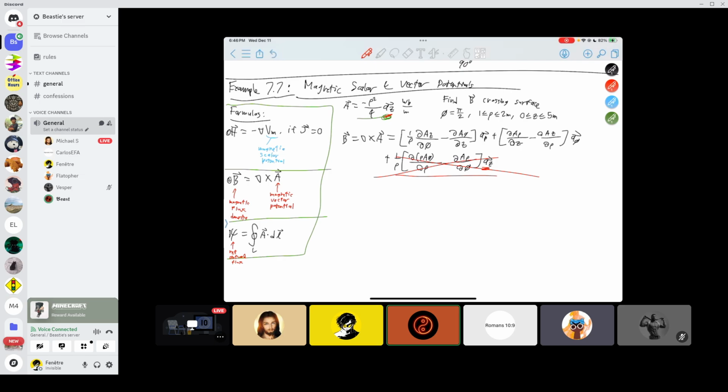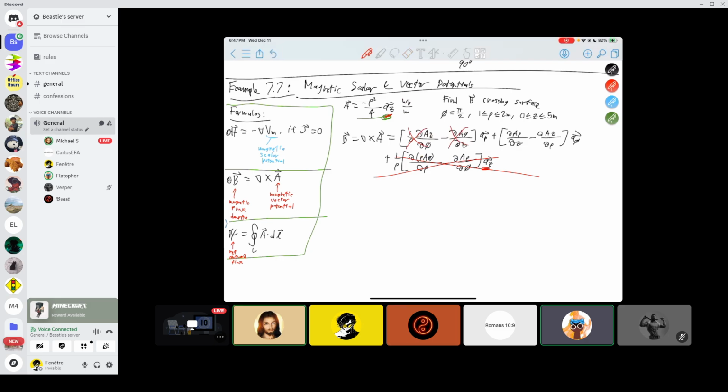The subscript for AP only has rho. Yeah, I see what you're saying. The derivative of AZ with respect to phi goes away because there's no phi term. And the derivative of A phi goes away because there's no phi term.